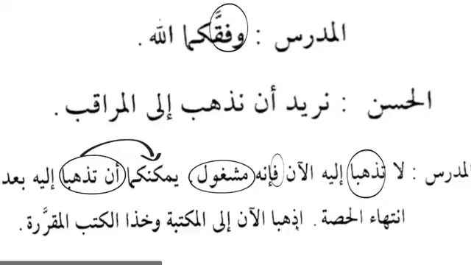Idhaba. So now he's telling you both go. So it's an amr now. So if you say amr, also majzumun bi hadafi noon. الآن إلى المكتبة وخذ الكتاب المقررة. So what is this here? So idhaba means he's telling go now. That's the فعل أمر. الآن إلى المكتبة, he's telling them to go now to the library.